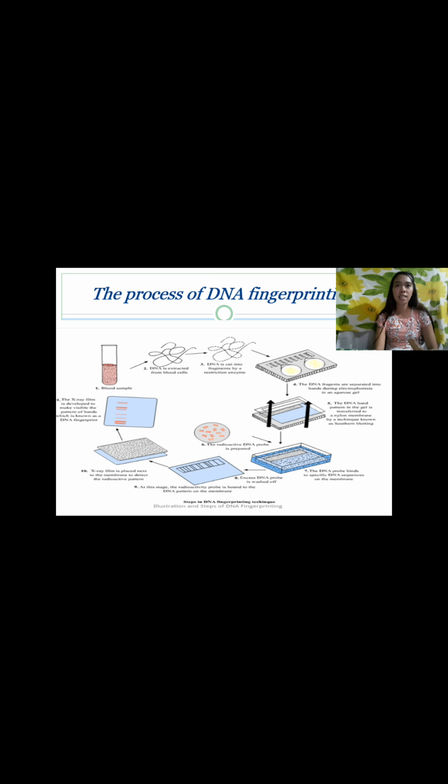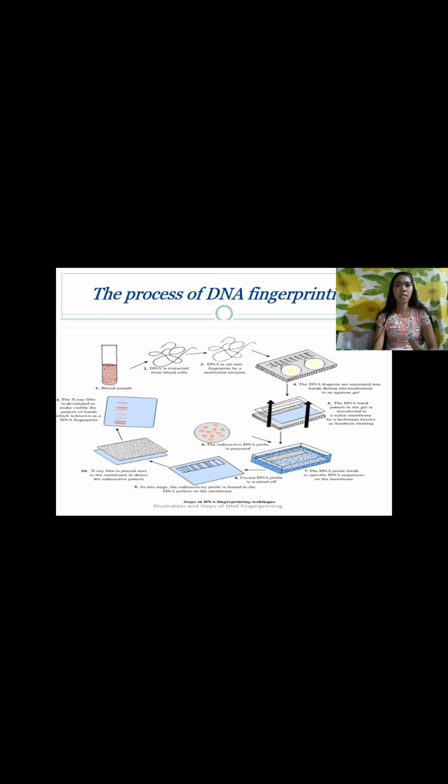known as Southern blotting. Next, the radioactive DNA probe is prepared. Next, the DNA probe binds to specific DNA sequences on the membrane. The eighth process is that excess DNA probe is washed off. And then in the ninth process, at this stage, the radioactive probe is bound to the DNA pattern on the membrane.